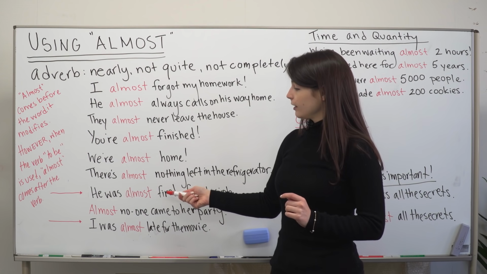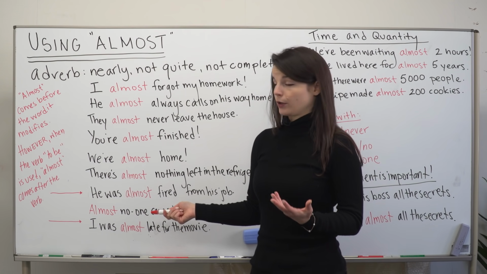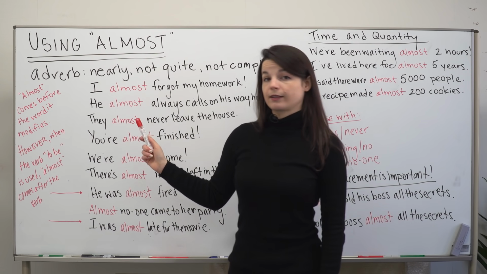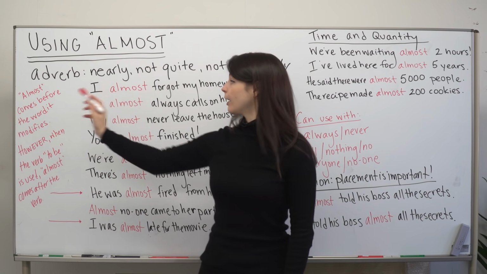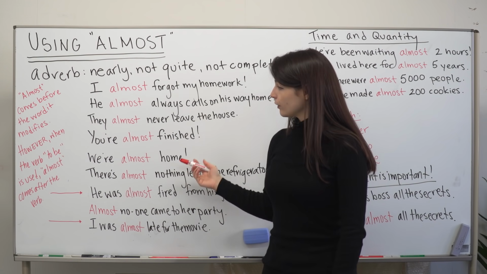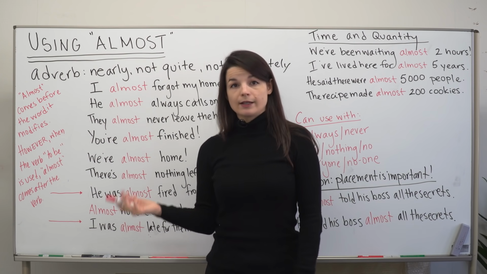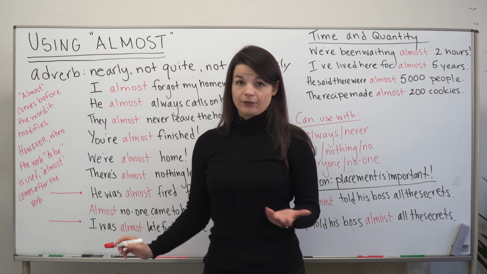Okay, the next sentence shows another point I want to make about the placement of the word almost. I mentioned in these initial example sentences that almost comes before the word it modifies, as we've seen so far. However, when you're using the verb to be and its variations, like was and were, almost comes after that verb.